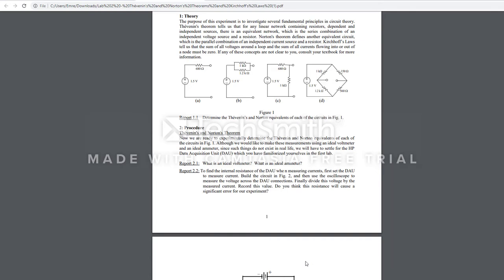We keep our 1K resistor, and we will use a 680 resistor along with it.